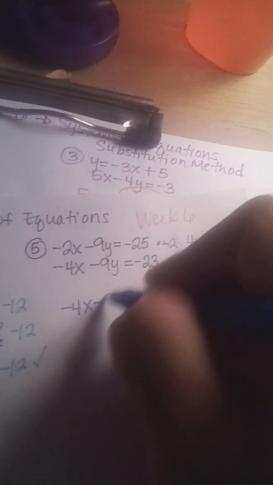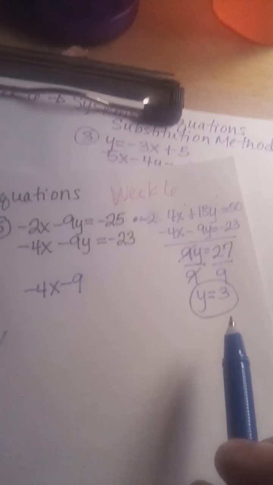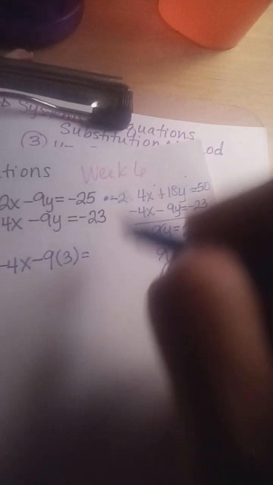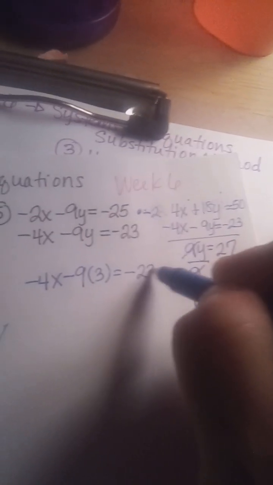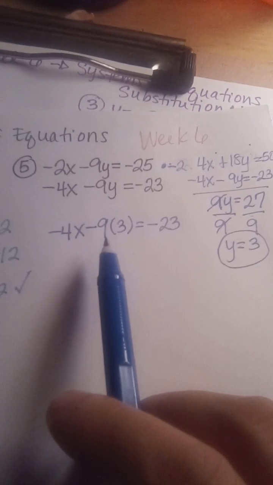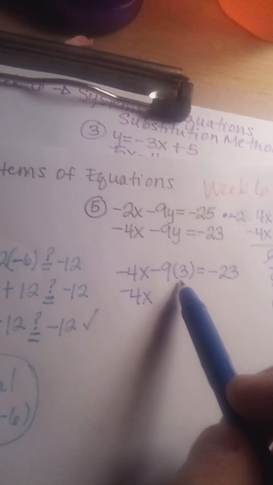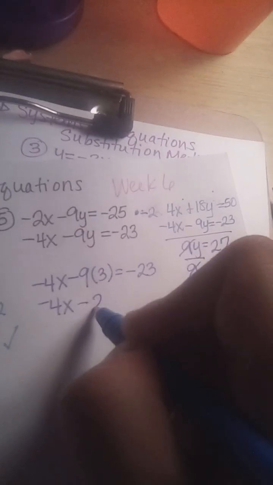Negative 4x minus 9y, substituting y for 3, equals negative 23. Then we do the multiplication. We have 9 times 3, that gives us 27. Negative 9 times positive 3 equals a negative 27. Always watch your signs.